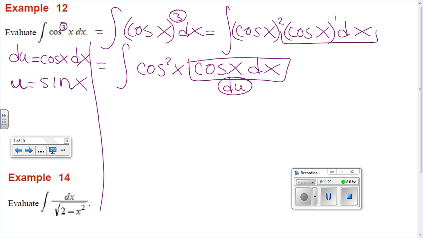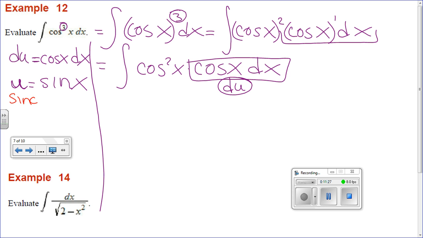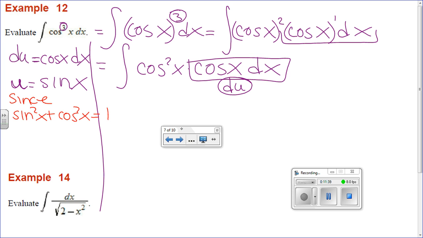Okay, and so that is one of the things we're going to use, but we're also going to use a very famous trigonometric identity, and we have it here, the Pythagorean identity. Sine square x plus cosine square x is equal to 1. So because that is true, we're going to substitute this cosine square x.